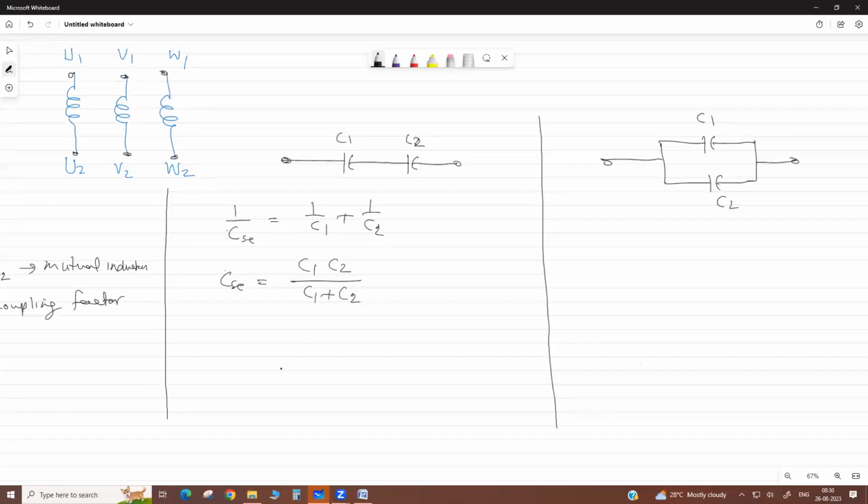Now if both are equal, C1 equals C2 equals C, then C square by 2C, the power is cancelled, it is C by 2.